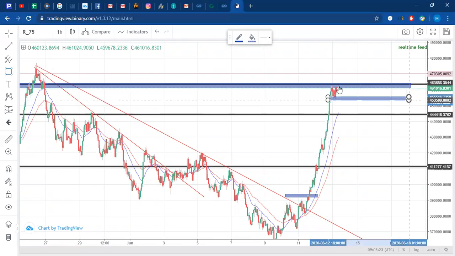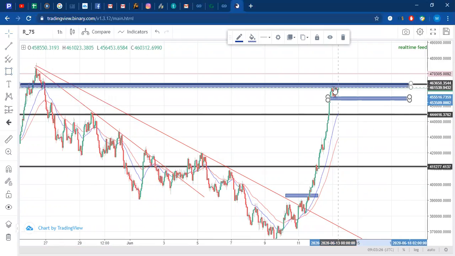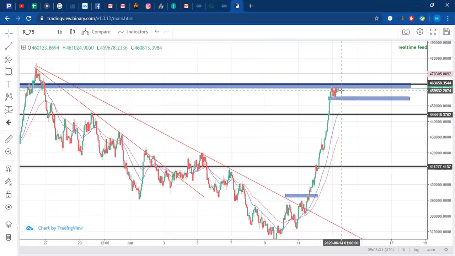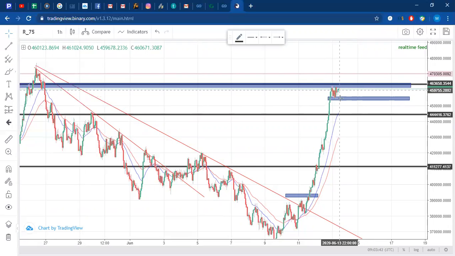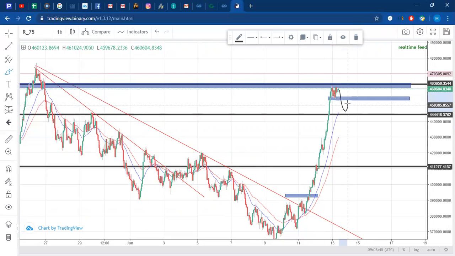The market is fighting very hard to pass this level, but it may hold. Nobody knows. It may just pull back, come back, and retest this level. Then something like this: come here, retest, break out, retest this level, then boom, break out.